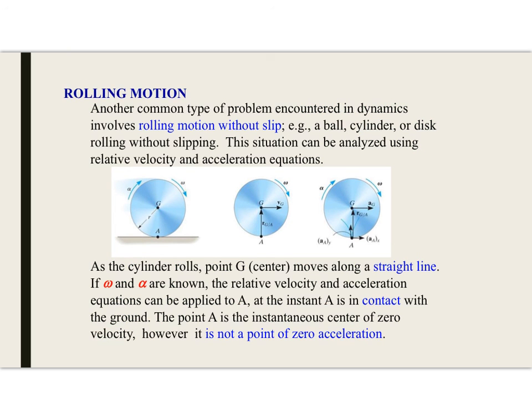And then also we can talk about rolling as another example where we can think about what would be the angular accelerations of different points on the wheel, especially when we're thinking about if it rolls without slipping. Point A has no velocity. That can be used as an instantaneous center of 0 velocity.